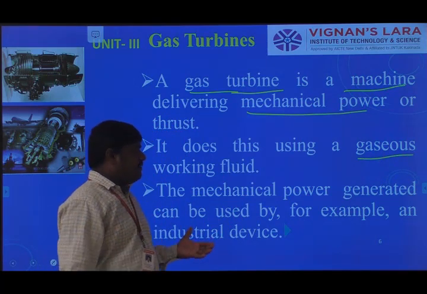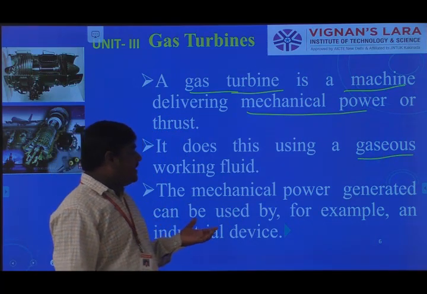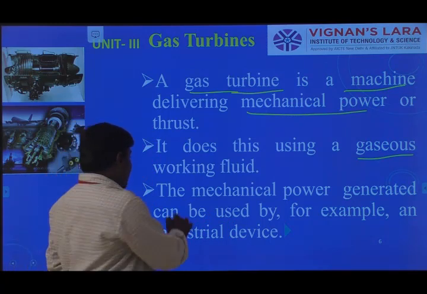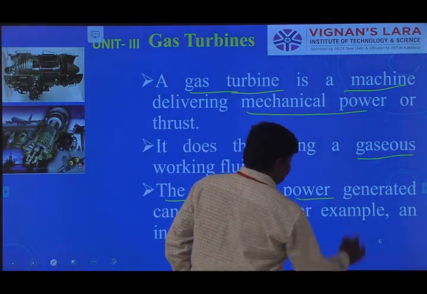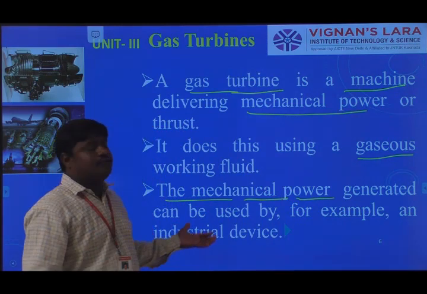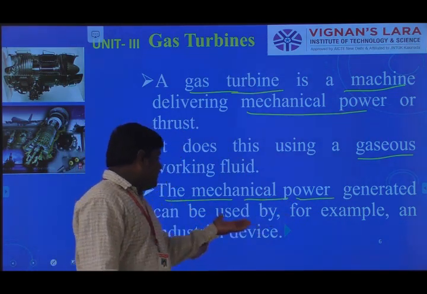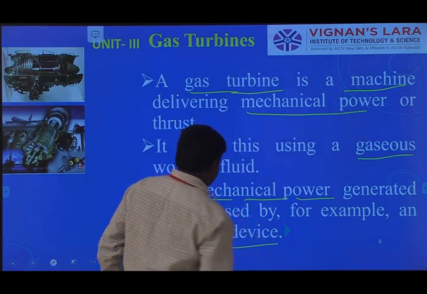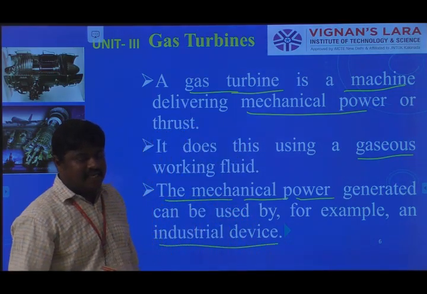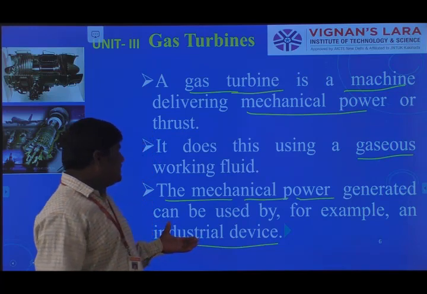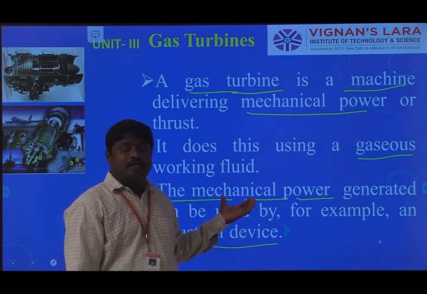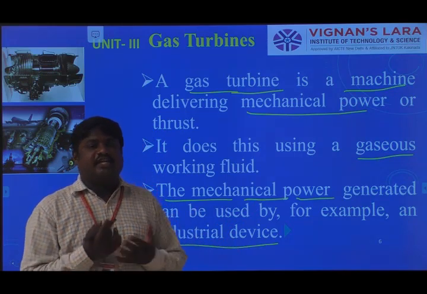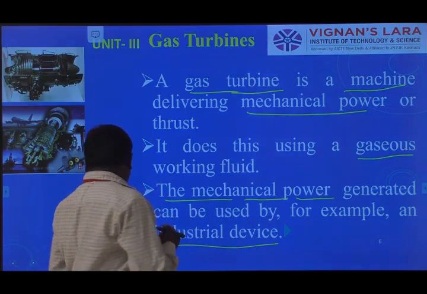The mechanical power generated can be used by, for example, an industrial device, which we can shortly call an ID. We can use it in this mechanical power generation.